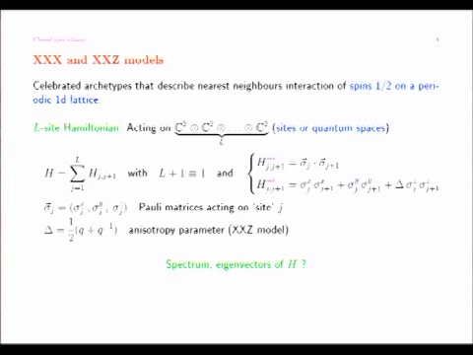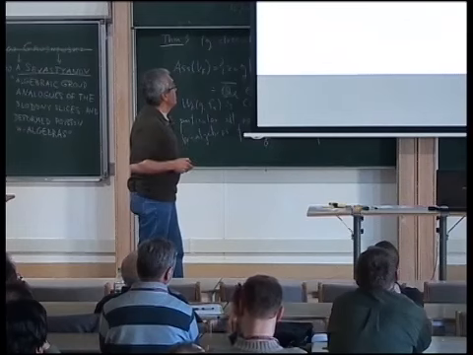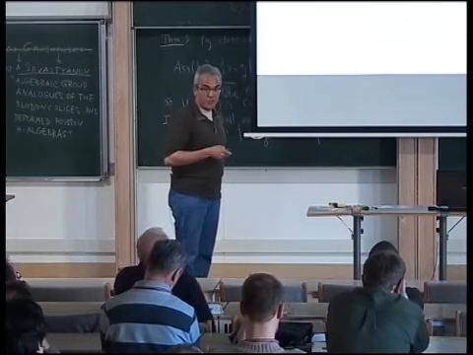And the chain itself is represented by this tensor product of C2 spaces, L C2 spaces if you want to deal with a spin chain with L sites or quantum spaces. And the Hamiltonian acts on two neighboring sites, so two C2 copies, j and j plus 1. And you have the periodic condition. We identify the site L plus 1 with the site 1.